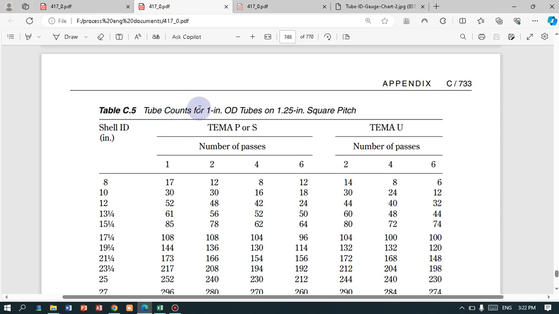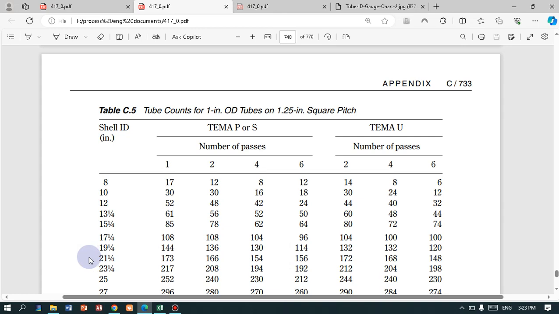For the tube count table, we have the Theta S or P and Theta U. Because our oil side has a high tendency for fouling resistance, we are going to select Theta S and the number of passes. We select 6 passes and the number of tubes that we calculated is 155, which is near this number.